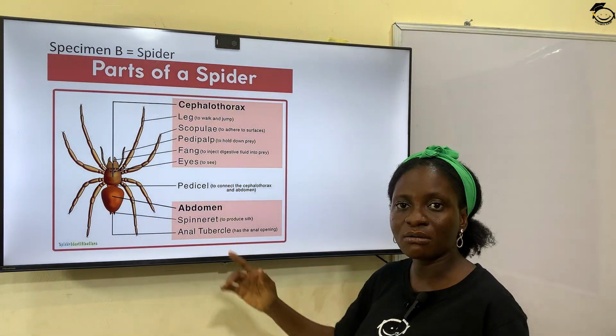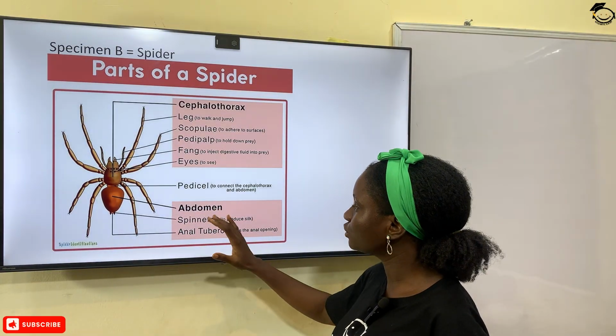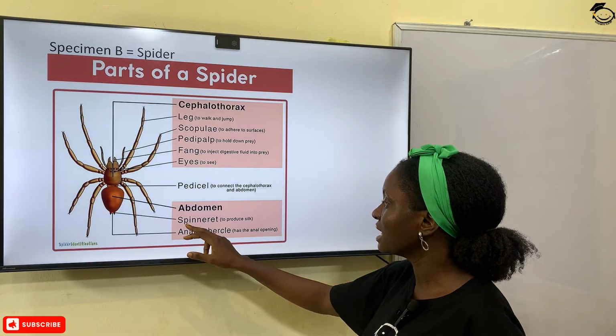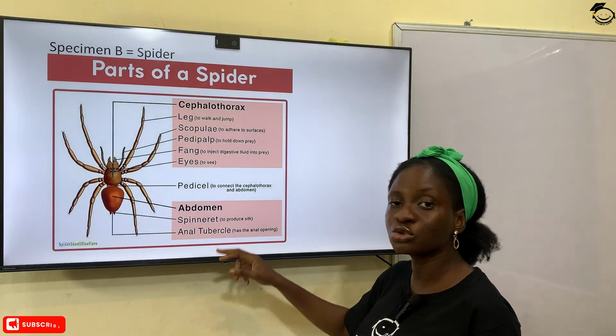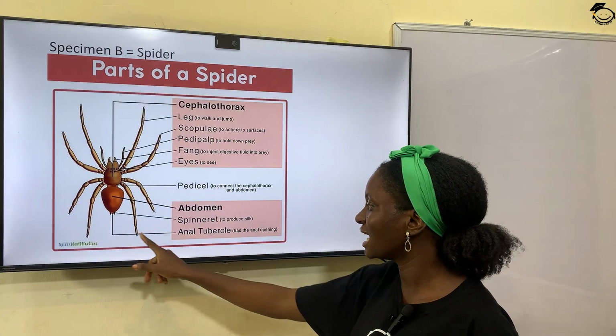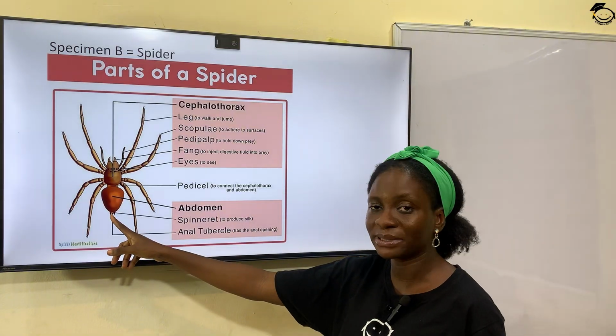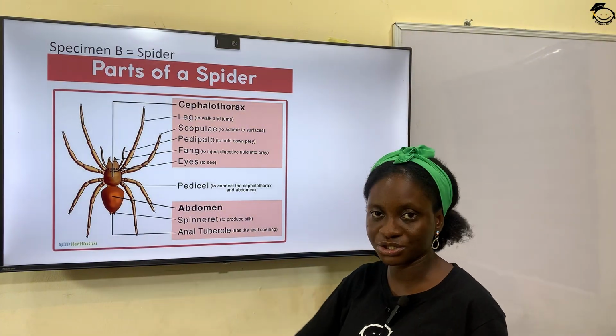The pedicel connects the cephalothorax and the abdomen. The abdomen consists of the spinneret, which is used to produce silk. Then we have the anal tubercle, which has the anal opening for excretion.